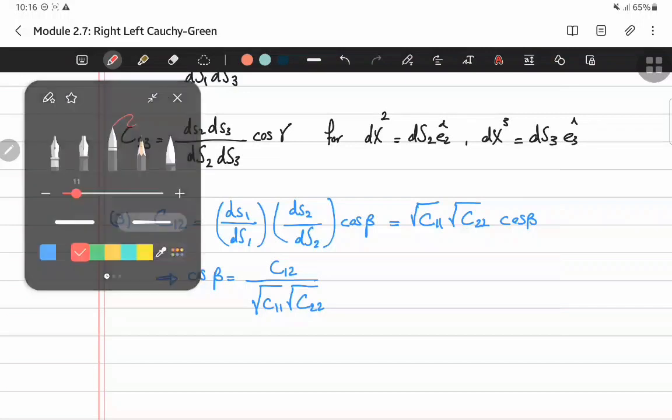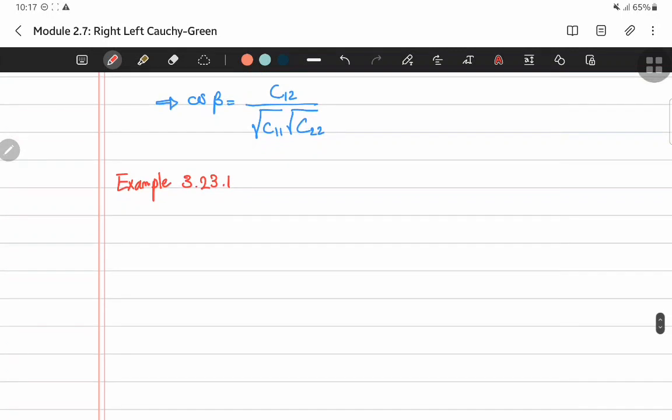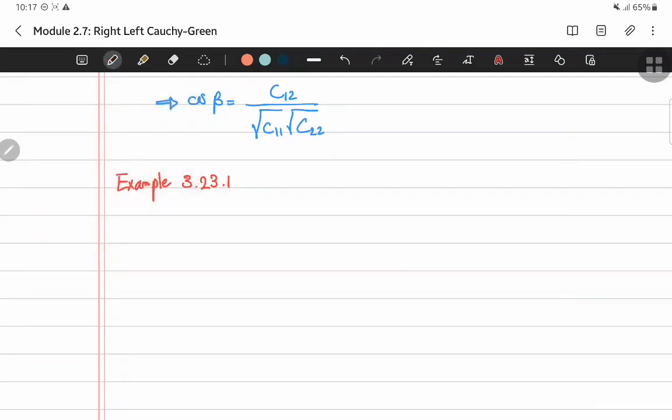Let's get to example 3.23.1. There are some important comments here I would like to mention. Basically, there are 5 parts in this example.